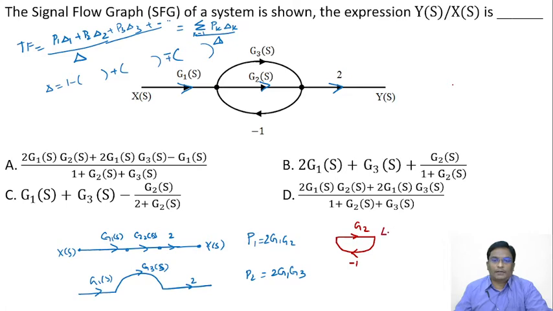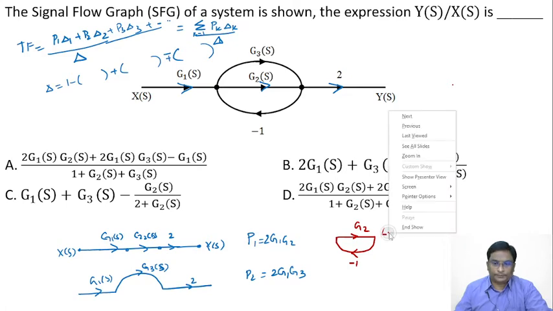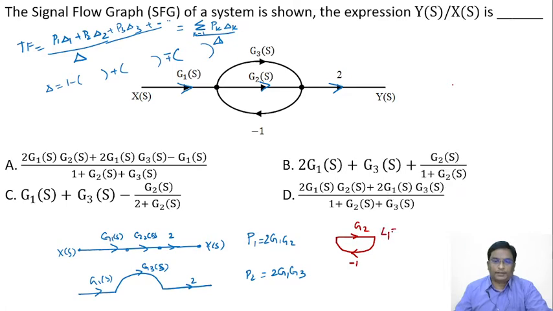This is L1. What is L1? Minus G2. Is there any possibility of another loop? Yes, this one is another loop. This is G3, this is minus 1. Then L2. What is L2? Minus G3.